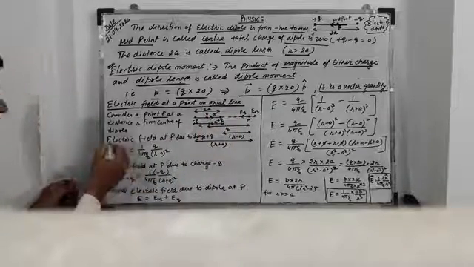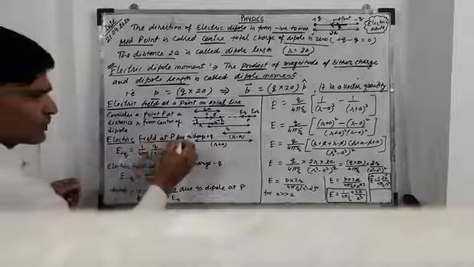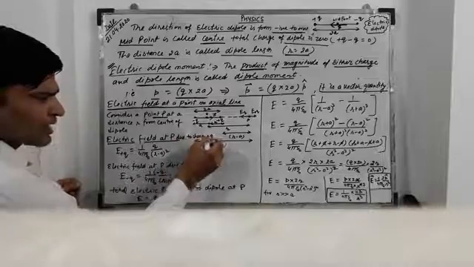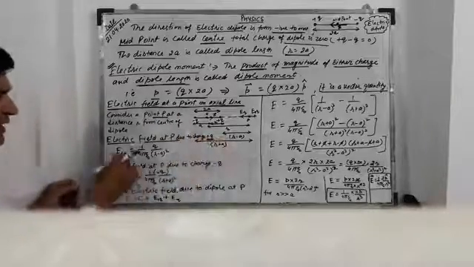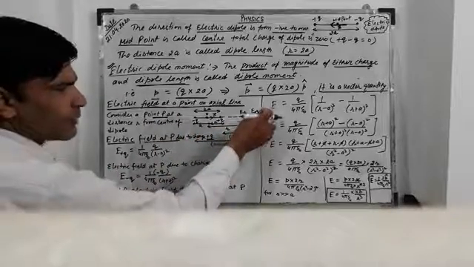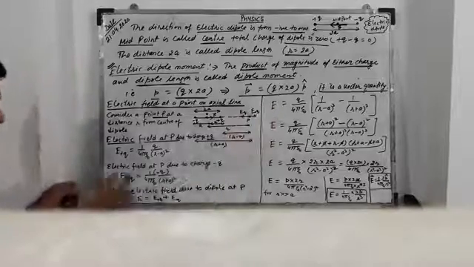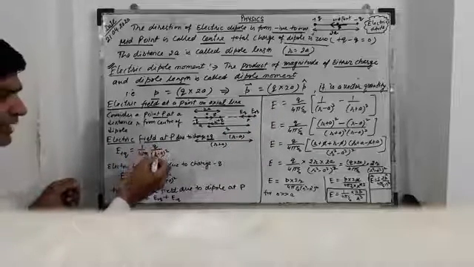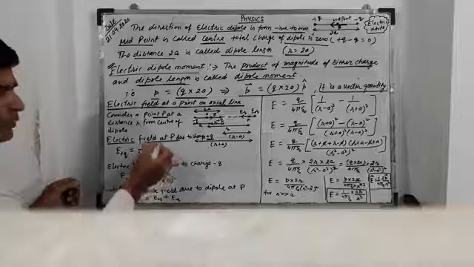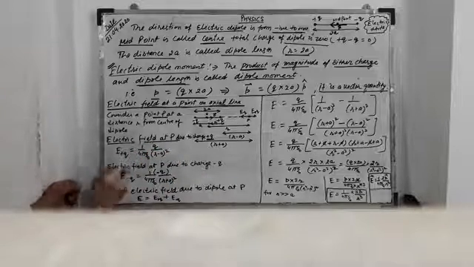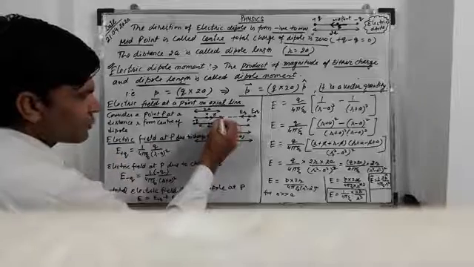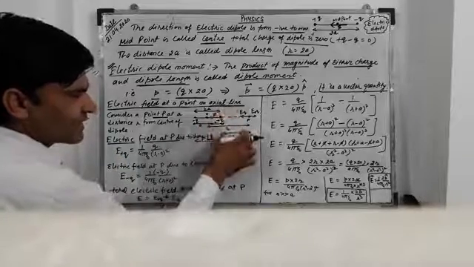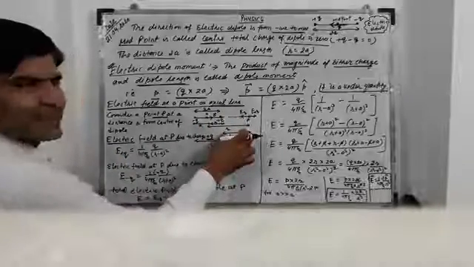Electric field at point P due to charge plus q is E plus q, that is 1 upon 4 pi epsilon naught, q upon (r minus a) whole square, because for plus q charge the distance is r minus a.